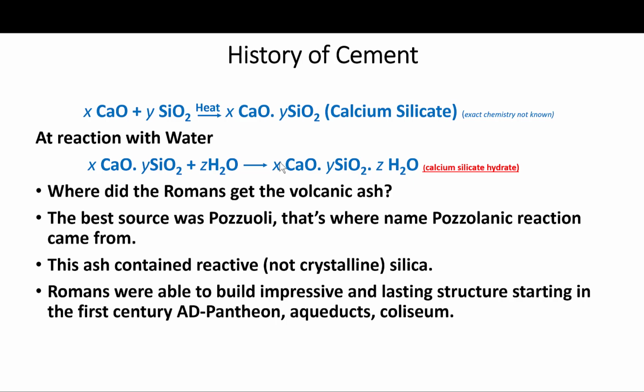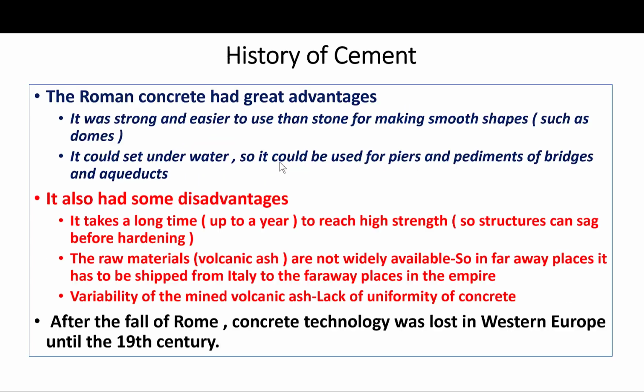So with the development of this material, Romans were able to build really impressive and lasting structures, starting in the 1st century AD, such as the Pantheon, the aqueducts, and Colosseum. These structures we still see today. The Roman concrete had great advantages.